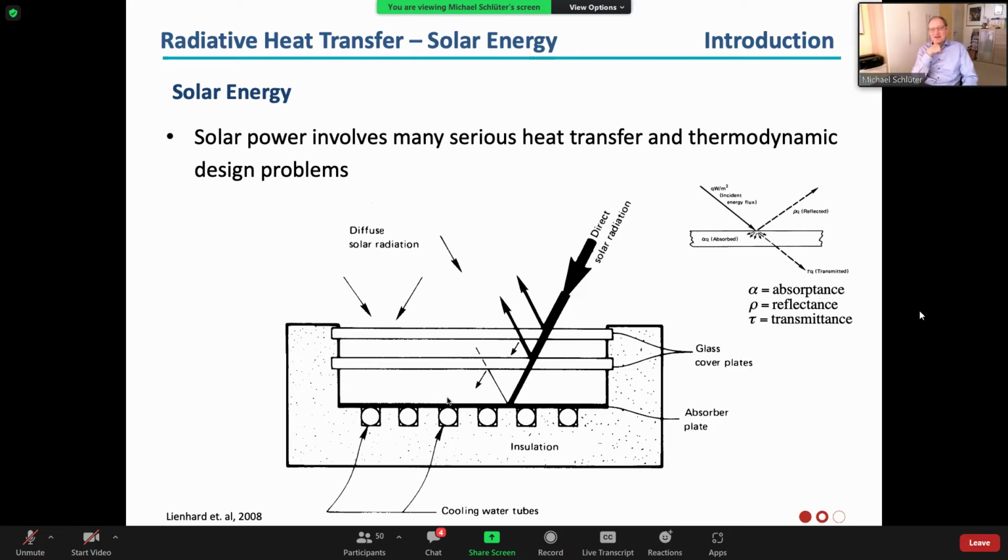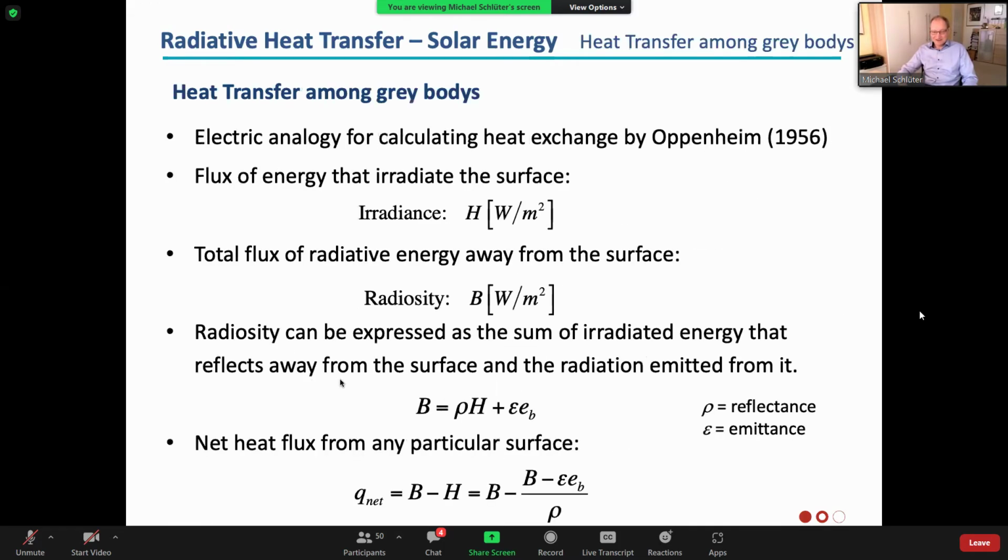So the question is, how can we do a calculation for such complicated systems? And for that, we have to simplify first all these systems. And we have to distinguish between other parts of this energy transfer.